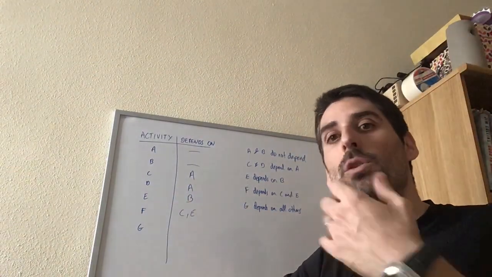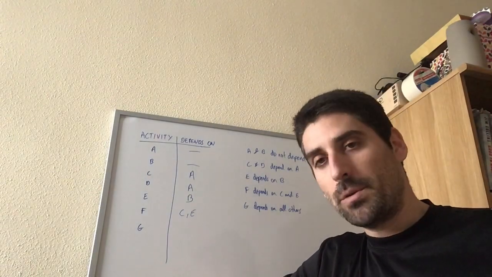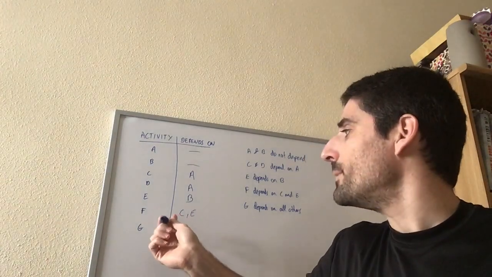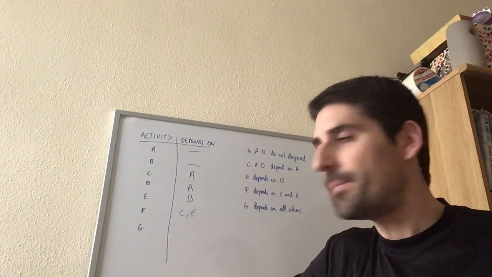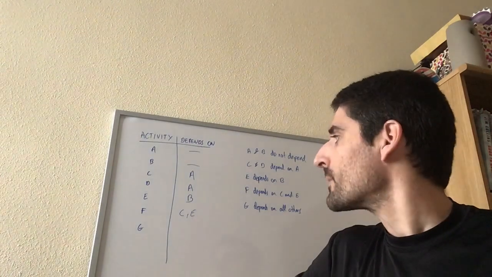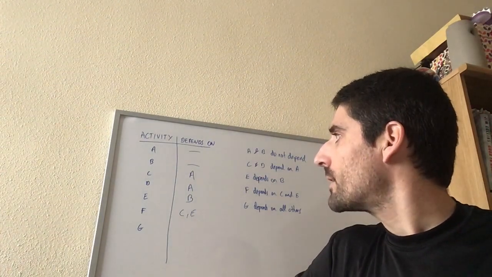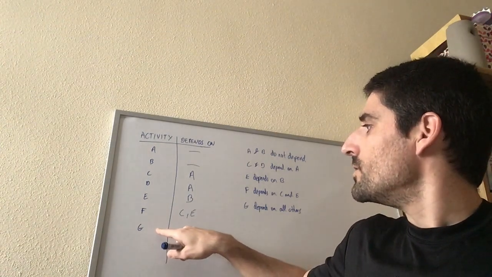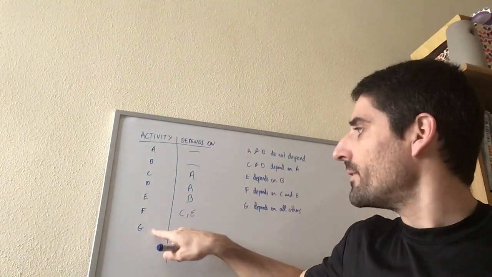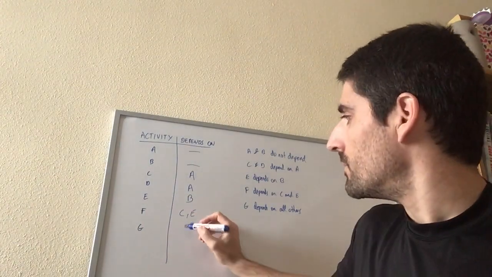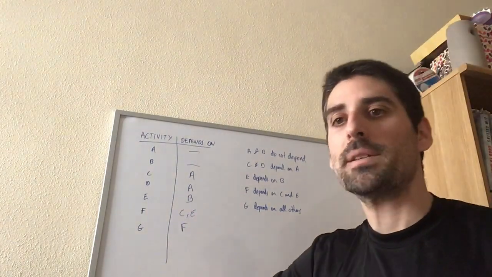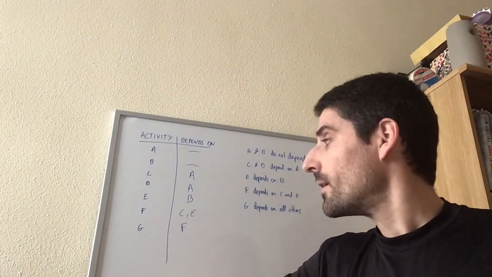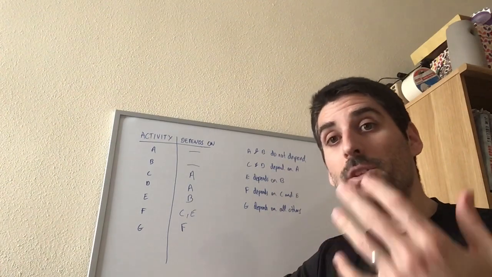We must have completed all other activities before doing G. However, in here we're not going to write A, B, C, D, E and F. If you look at it carefully, effectively G only depends on F. So I can just summarize that by saying that G depends on F, because by saying that I've already covered all the others.